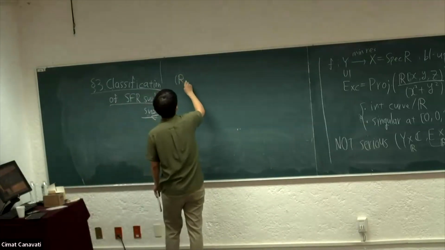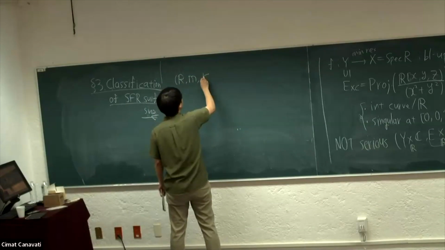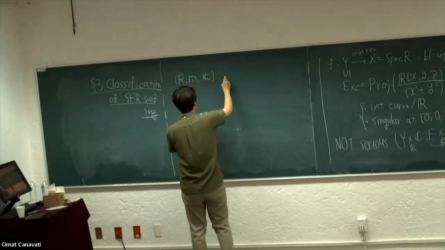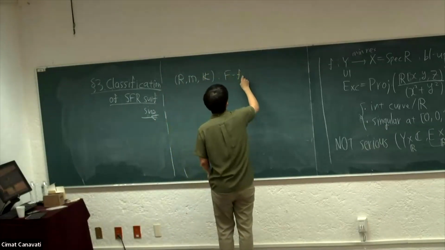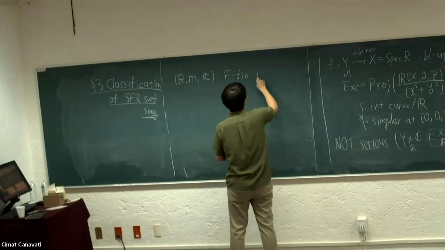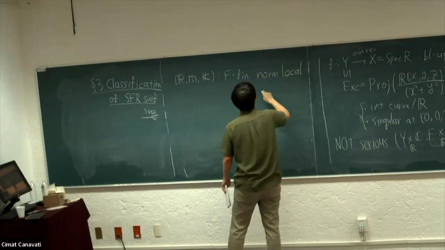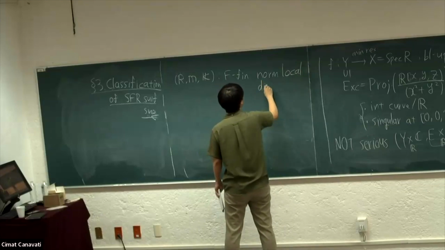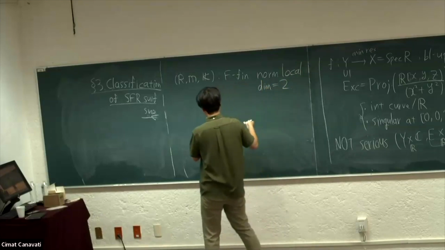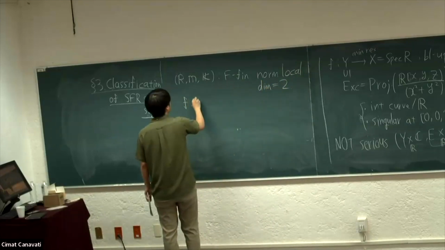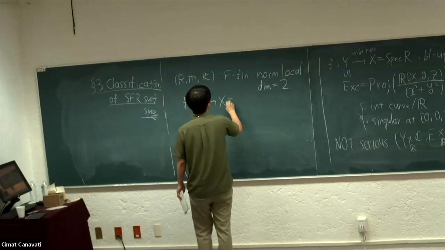From now on, R is always a finite normal local domain of dimension 2. And f is a minimal resolution.